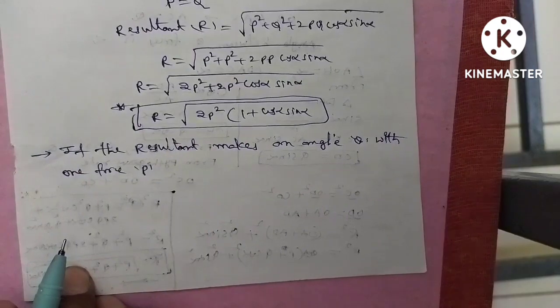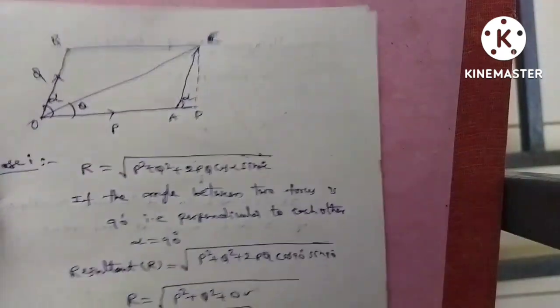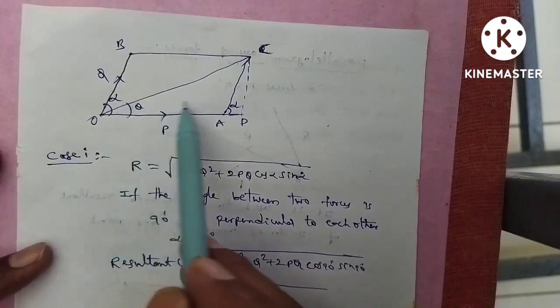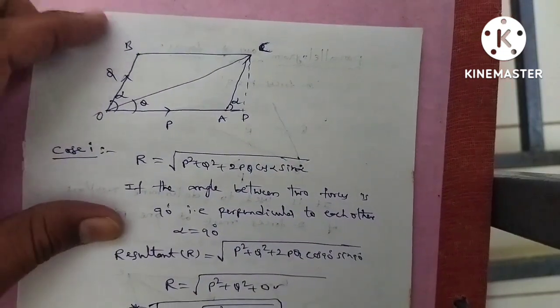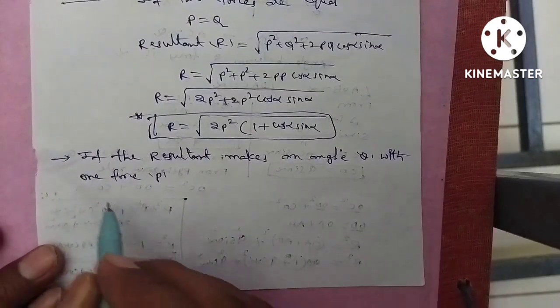So in the same parallelogram law diagram, here theta is equal to the angle made by the resultant R with P, that is OA. So DOC is the right angle triangle. From the triangle, take the tan theta value.